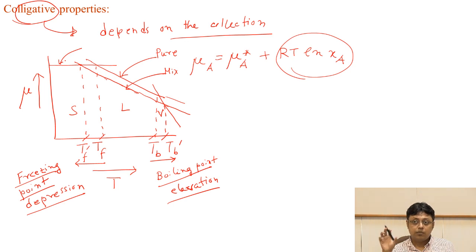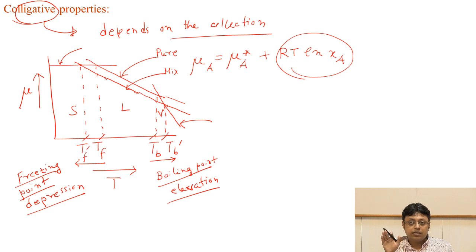Suppose when you add some salt to the water, the assumption is that when solid ice is forming, it is pure solid ice. Or when water is vaporizing to water vapor, it's pure water vapor. So the chemical potential curves for the solid and the vapor are not changed. Only the liquid is shown in solution form.